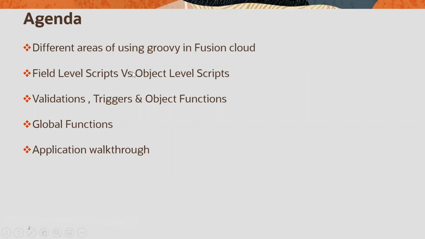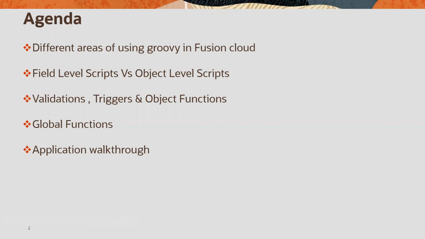In this, we'll first see where we can use Groovy in server scripts, and then field level scripts versus object level scripts. What are the different types of scripts we can write at field level as well as object level, and then what is a validation, what is a trigger, what is an object function, and then global function.